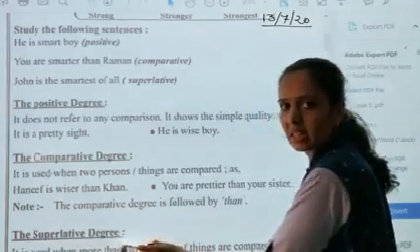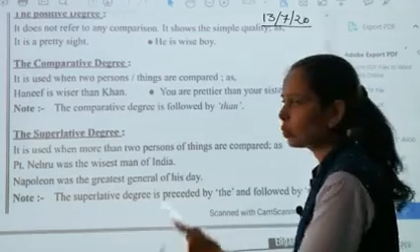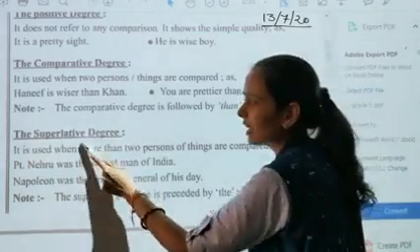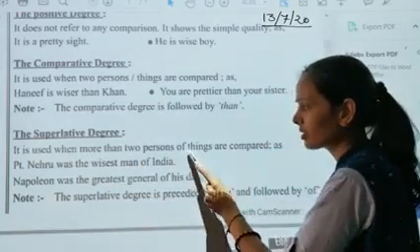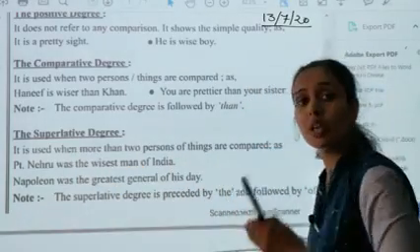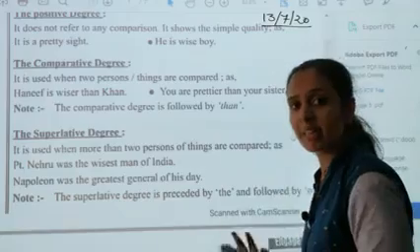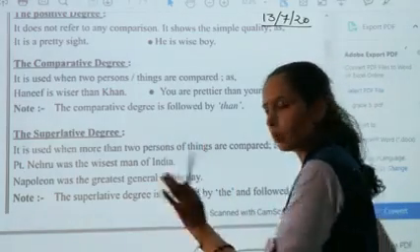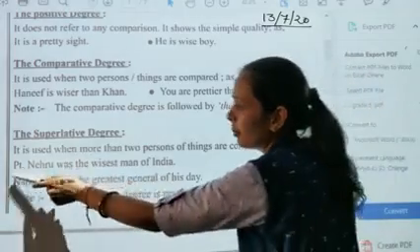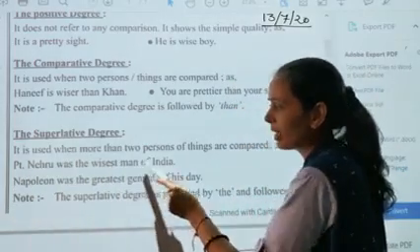Now come to superlative degree. Superlative degree is used when two or more persons or things are compared. दो या दो से ज्यादा चीजें जब कंपेयर की जाती है, that time superlative degree, means सबसे बेस्ट जिसको बताया जाता है, that is superlative degree. For example, Pandit Nehru was the wisest man of India.